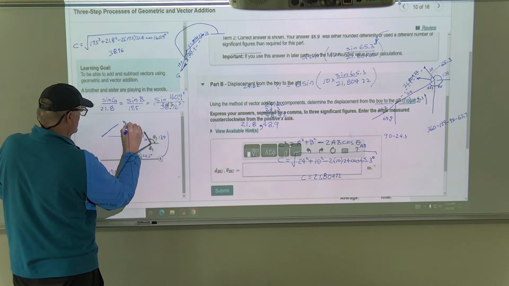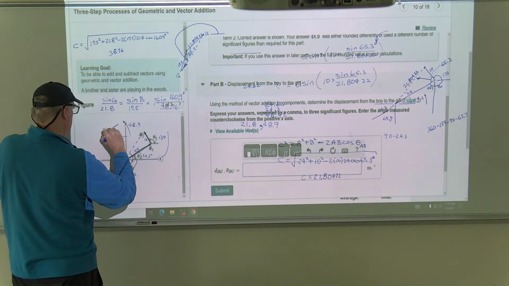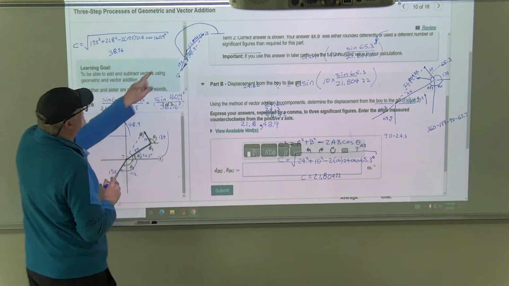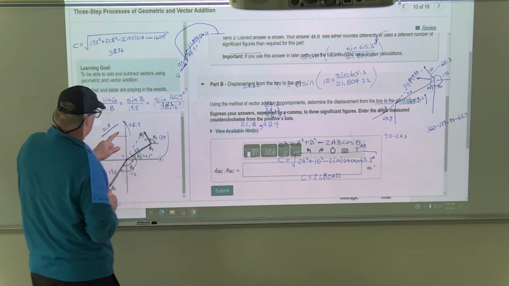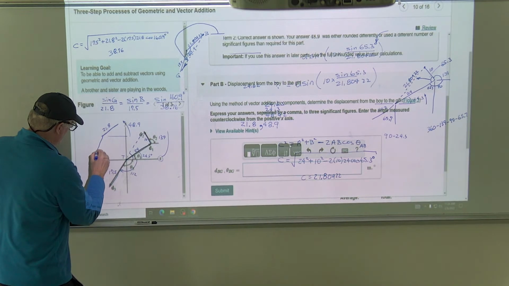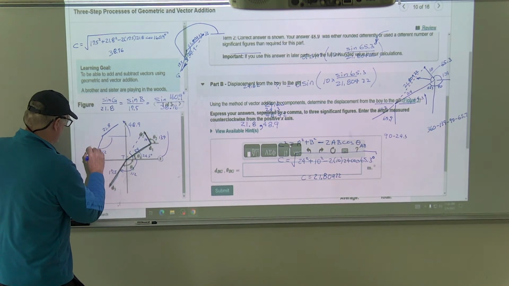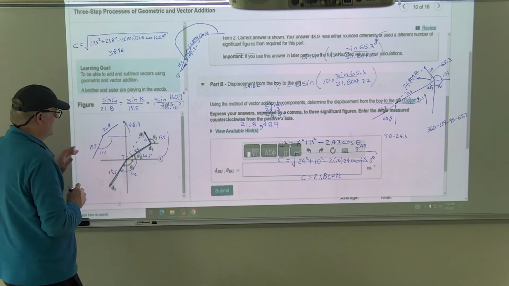This is 48.9 and it's 21.8. It's the 21.8. There's the 48.9. And the girl is off here at 112. 17.5.